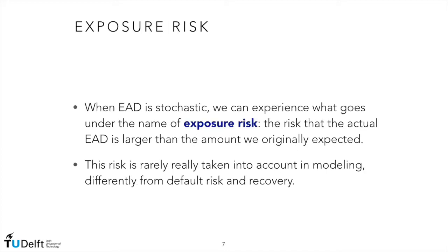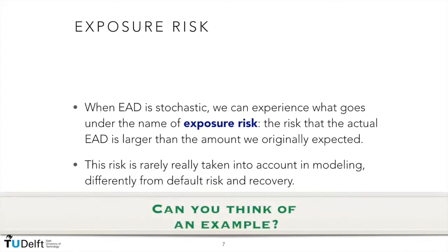When exposure at default is stochastic, we can experience what goes under the name of exposure risk, that is, the risk that the actual exposure is larger than the amount we originally expected. Interestingly, differently from default risk and recovery risk, this risk is rarely really taken into account in modeling. Can you think of a situation, an example of exposure risk?